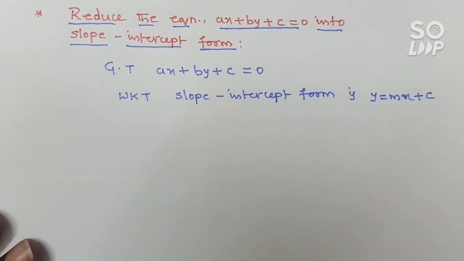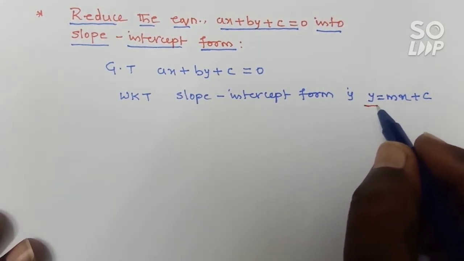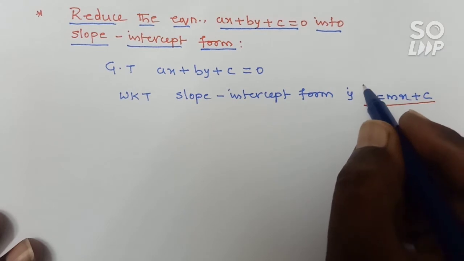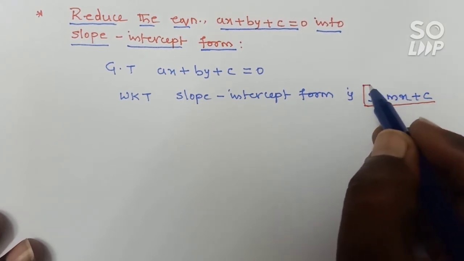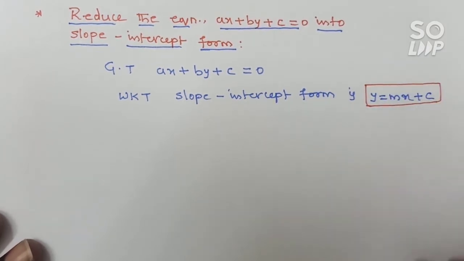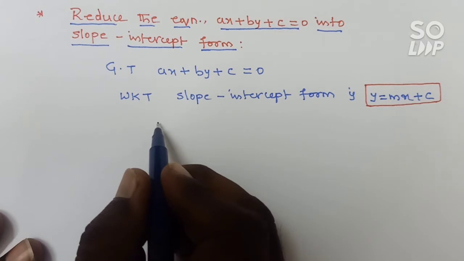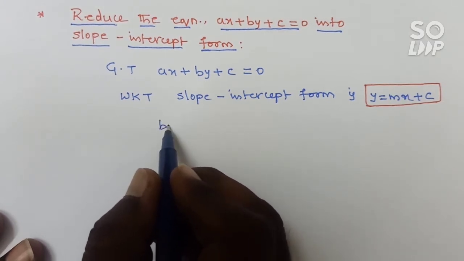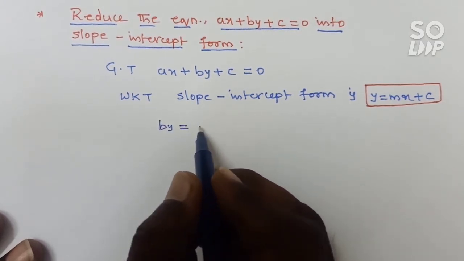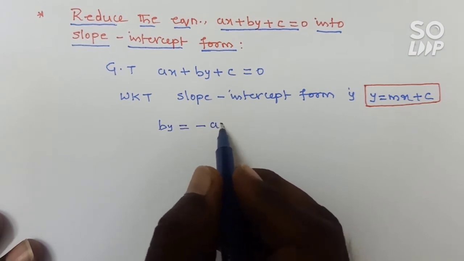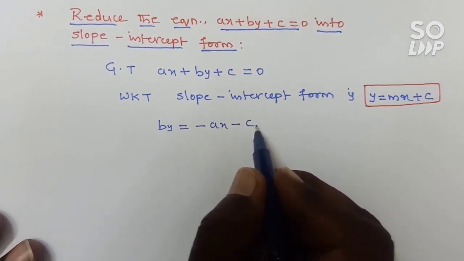So by observing this equation, only the y term should be on one side and the remaining terms on the other side. From the given equation, b into y is equal to minus a into x minus c.